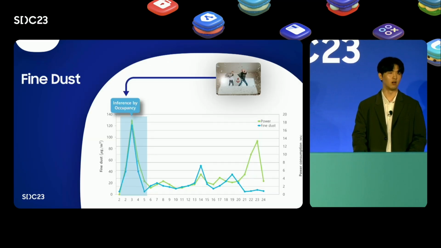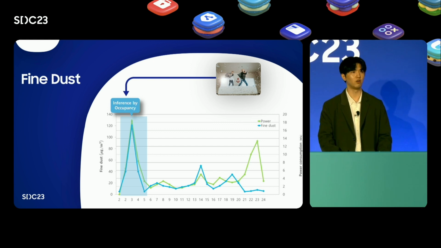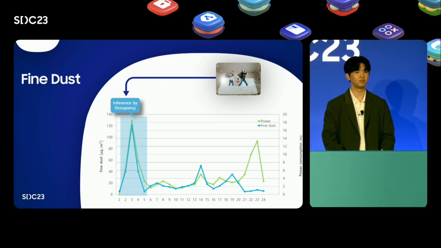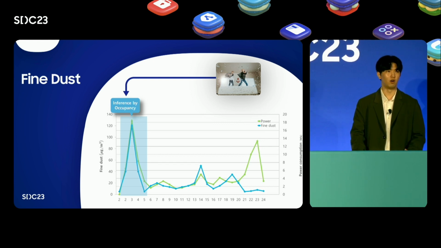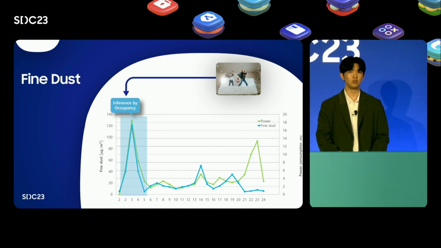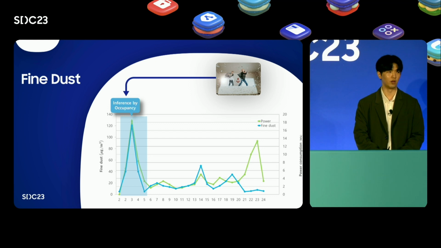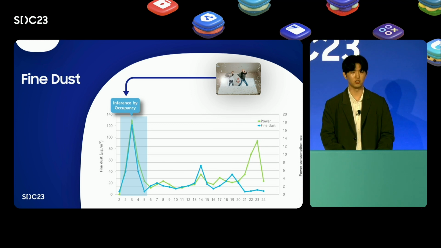Through our data analysis, we observed a sharp increase in both concentration of fine dust and power consumption when people are active within their homes. These metrics soar, often several-fold, compared to when the home is vacant. Based on these findings, we crafted a model designed to detect such spikes associated with occupancy. We termed it the fine dust change-based model.